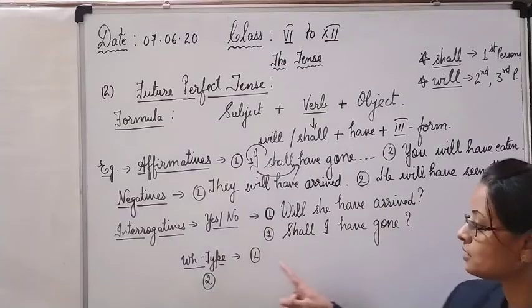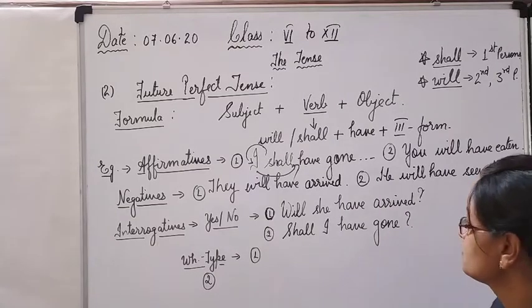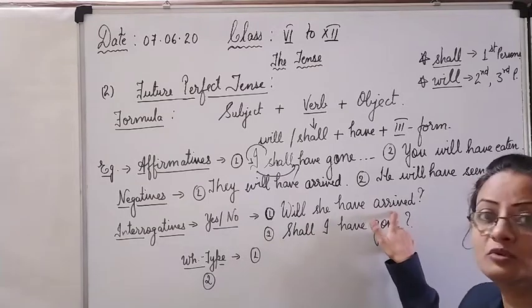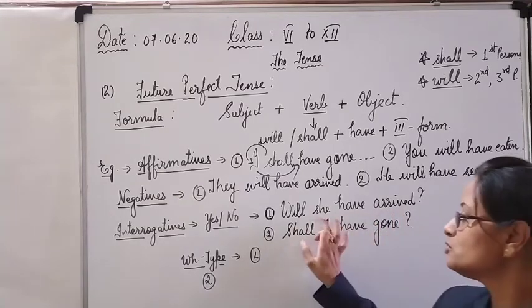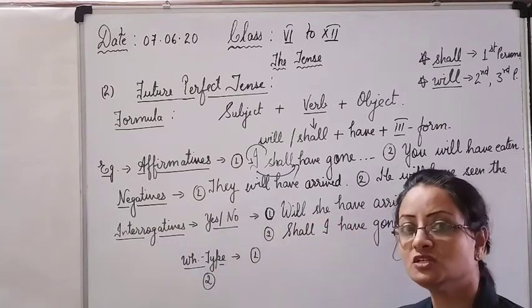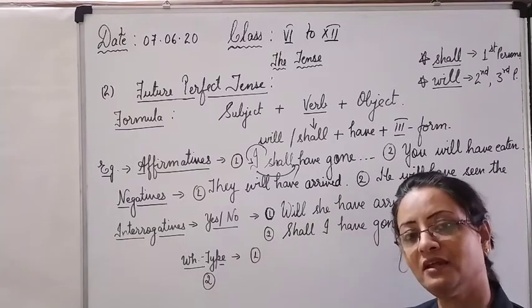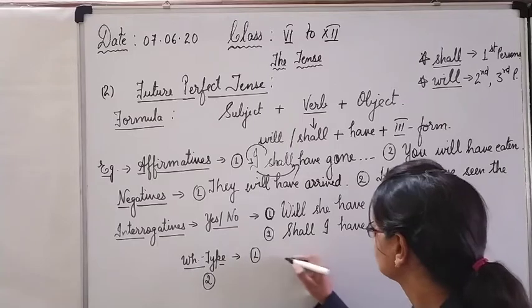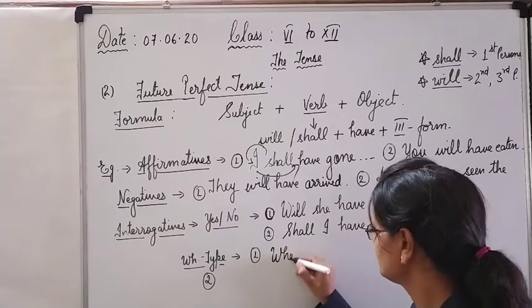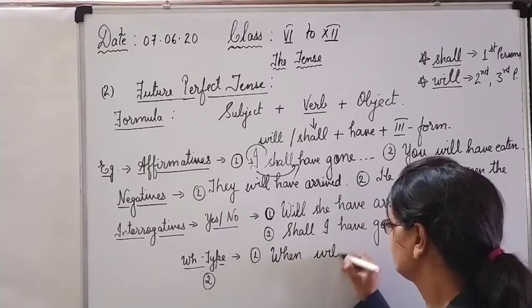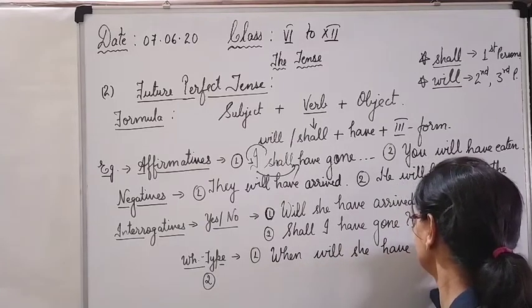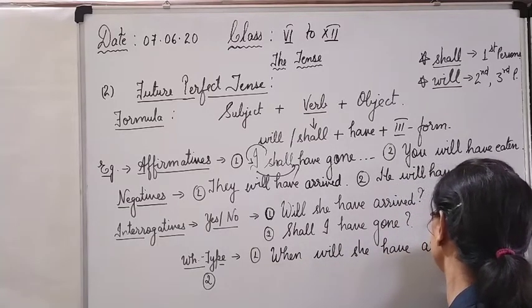Now for WH questions, look here. Will is also there, have is also there and third form is also there. Only the position of the subject will change, interchanged with the first will or shall. Now place a WH. When will she have arrived?